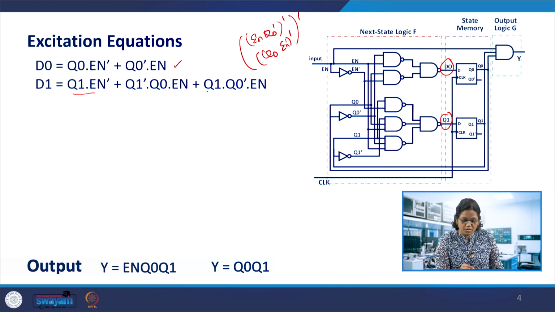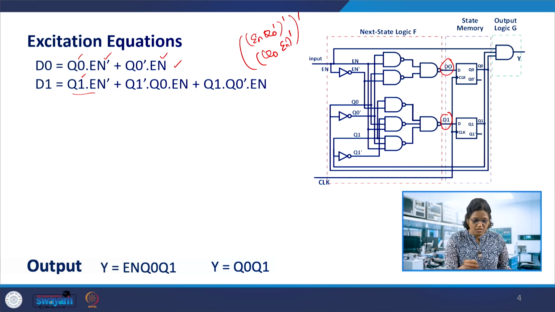So three of these expressions are NANDed, meaning the three AND expressions are ORed and then complemented. So first we decide D0 and D1. They are based on the input enable and on the feedback from Q0 and Q1, which is the current state. So Q0 and Q1 are the current states here.